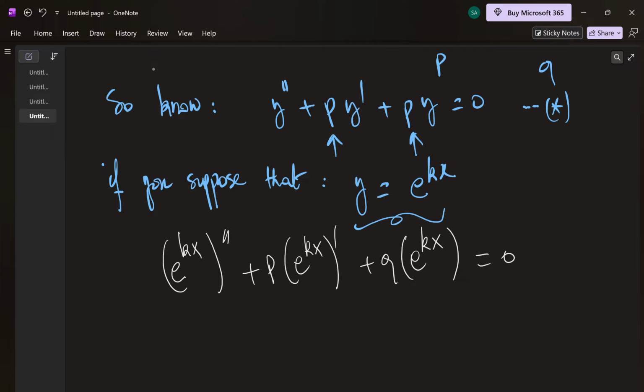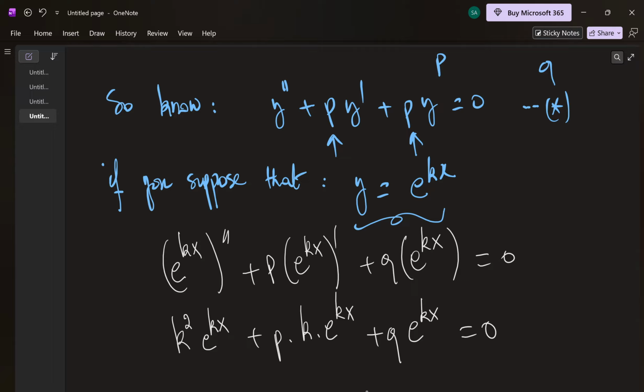Now you know how to differentiate these three functions, of course, because it is exponential. So what we get? The double derivative of exponential kx will give you k squared times exponential kx plus p times k exponential kx plus q times exponential kx, which is equal to 0.